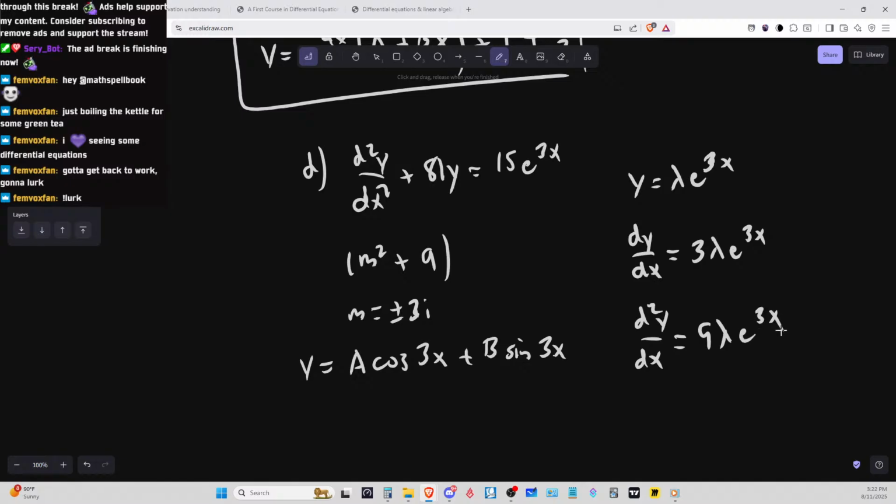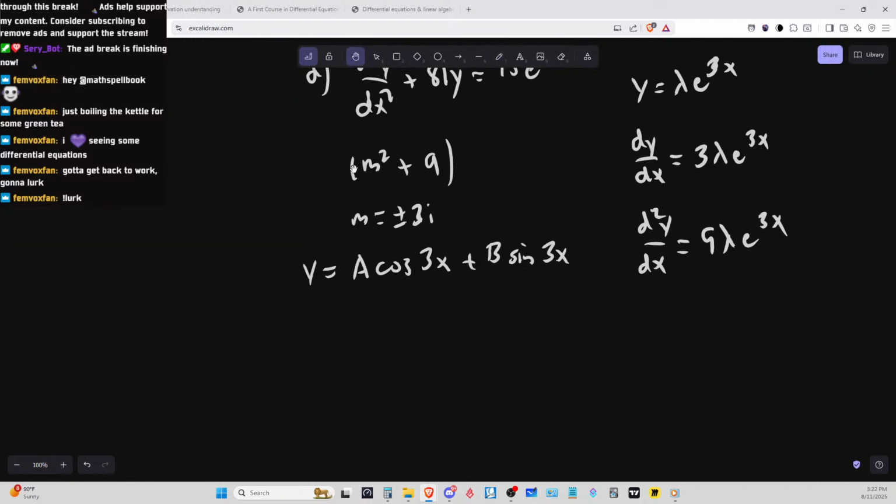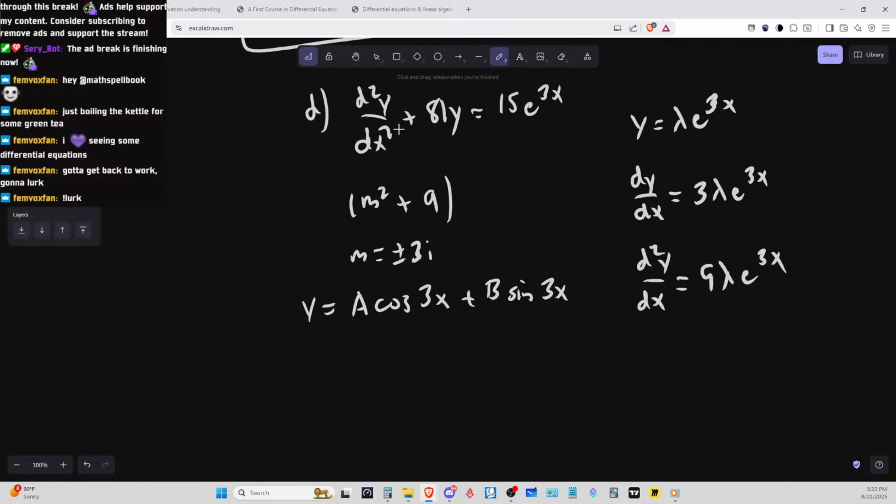Now we gotta put everything together. So the second derivative, okay, we don't have the first derivative, so we don't have to worry about that. So we have 9 lambda e to the 3x plus 81 lambda e to the 3x, and that's all equal to 15 e to the 3x.